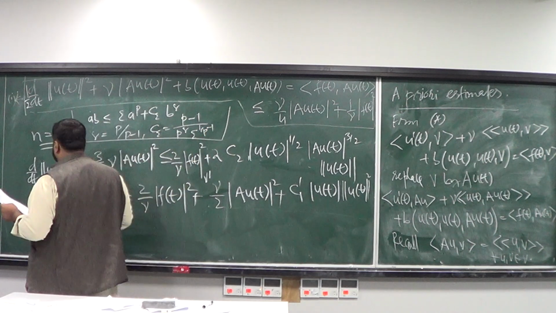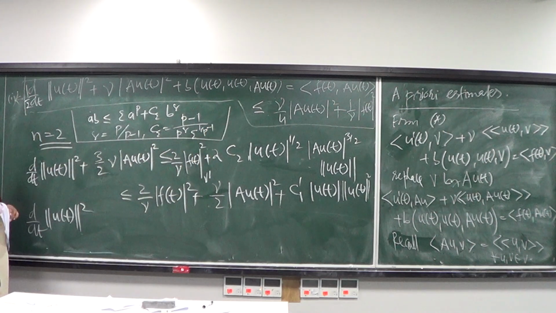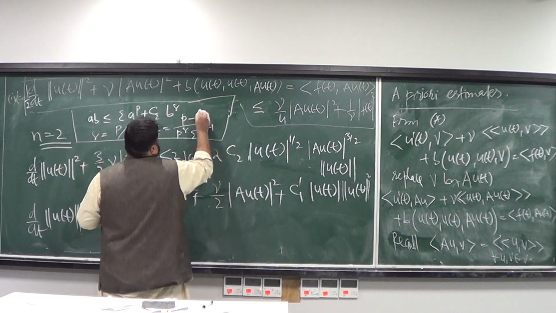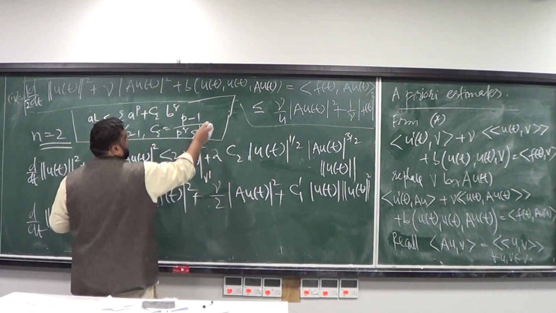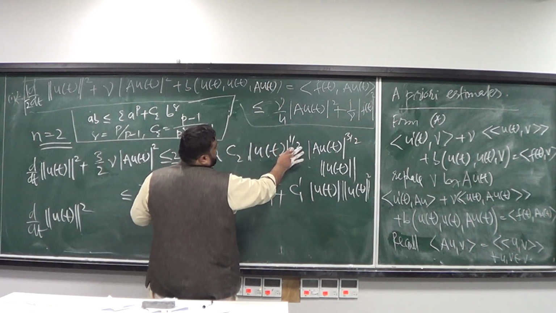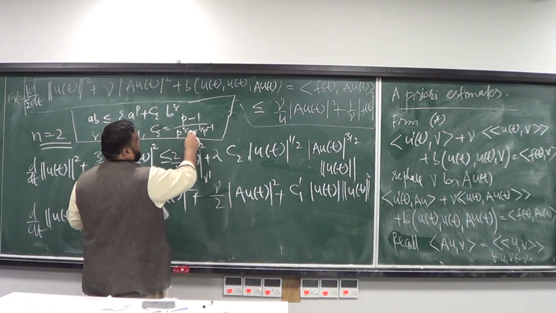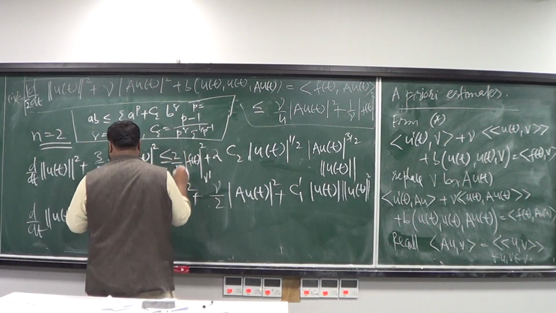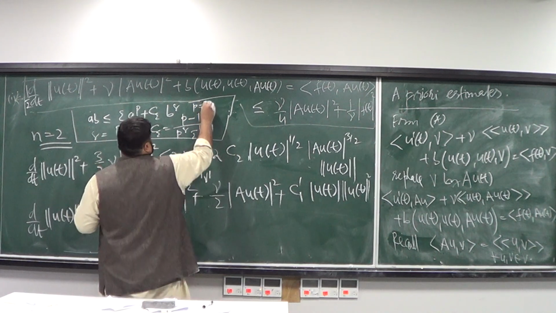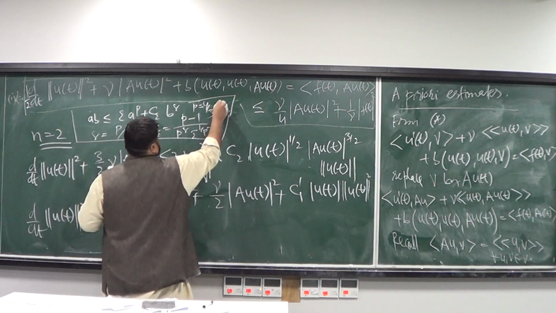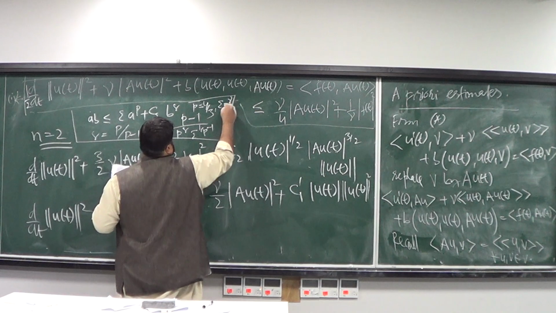There are different versions of Young's inequality. To go from here to here, I'm applying Young's inequality with p equal to 4 by 3 and epsilon equal to nu by 2.